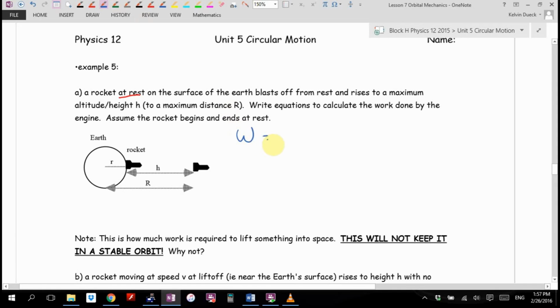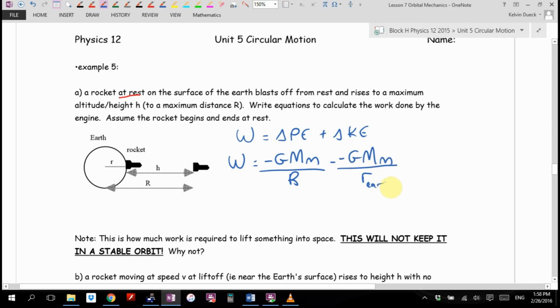Well, work is going to be the change in potential. So this is really going to end up being negative big G, big M, little m over R, where big R is R final from the picture, minus negative big G, big M, little m over R Earth.